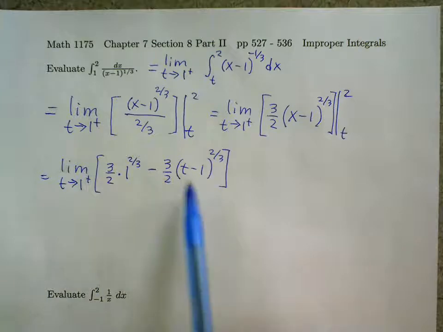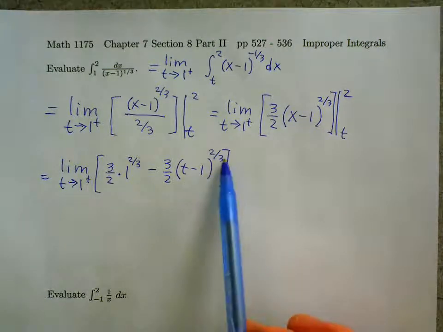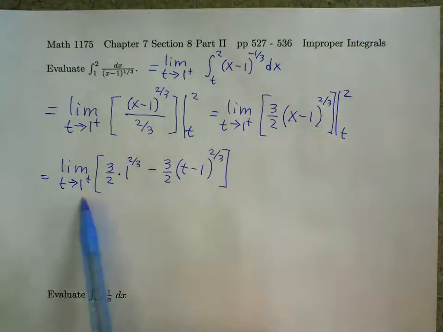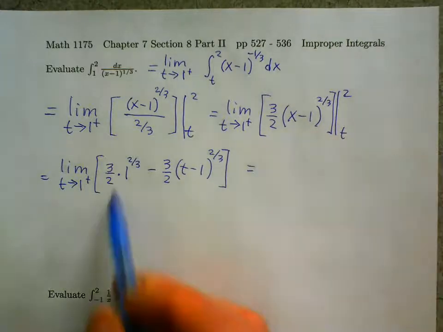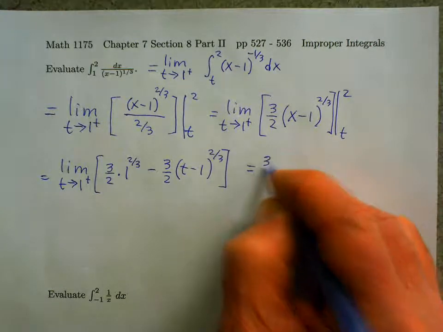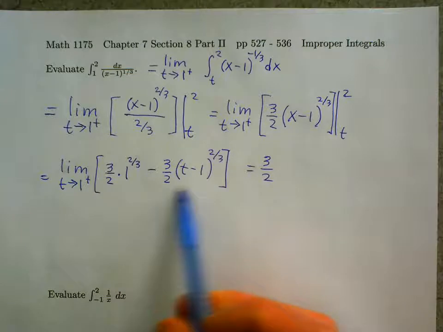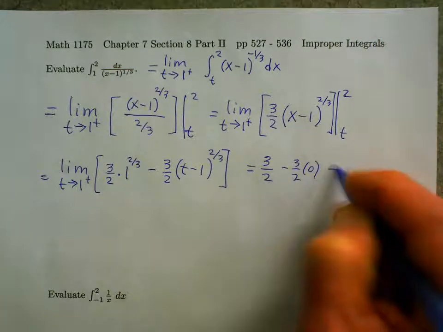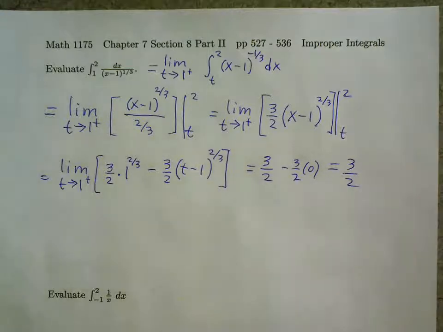That is defined when t equals 1. So when we compute the limit, we get 3/2 minus 3/2 times 0, or just 3/2. Okay, so that limit exists. It's equal to 3/2. That means the improper integral converges.